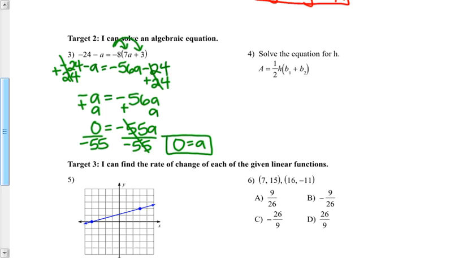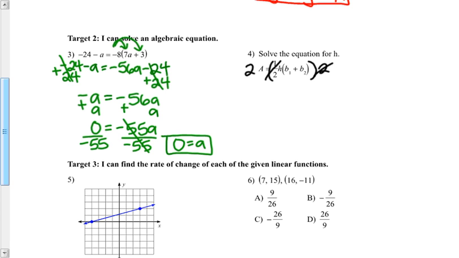And then on number 4, we're still solving, but in this case, we're going to actually solve the equation for h. And there's lots of ways that you can go about doing this. What I'm actually going to choose to do is to get rid of this 1/2. And so instead of dividing by 1/2, I'm going to multiply both sides by 2.